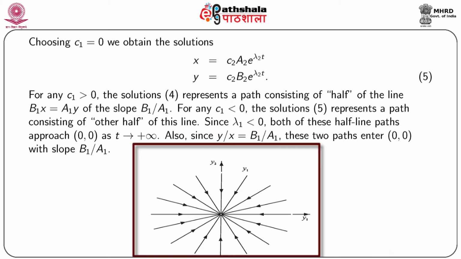So, considering both c1 greater than 0 and c1 less than 0, we will get this full straight line. Since the straight line is of the form y equal to mx, where the slope m is b1 by a1, it represents a straight line passing through the origin, and hence these two half-lines enter the origin with slope b1 by a1.